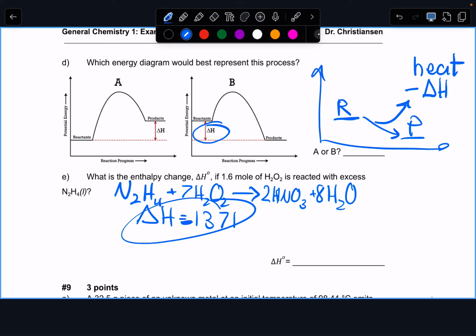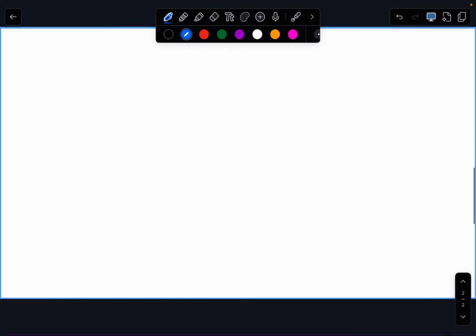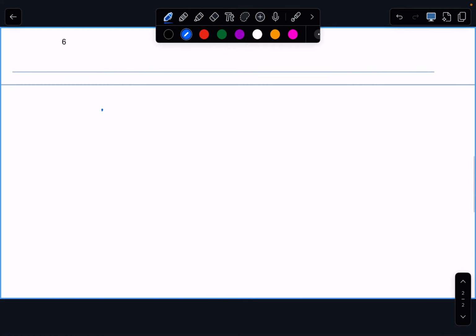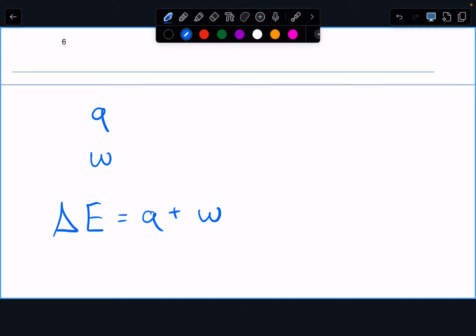So as part of this, probably a good point to talk about the signs of heat and work, because I don't think I have a specific question that covers that. So Q and W, if you remember, are the two big concepts that we talked about at the beginning of how energy is transferred during a chemical reaction, or really during any process.